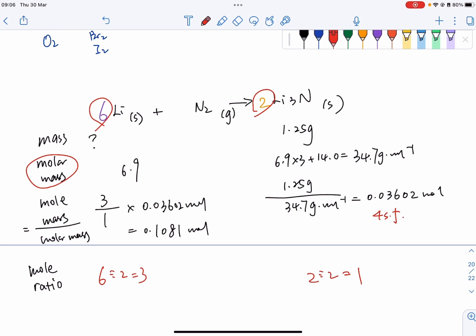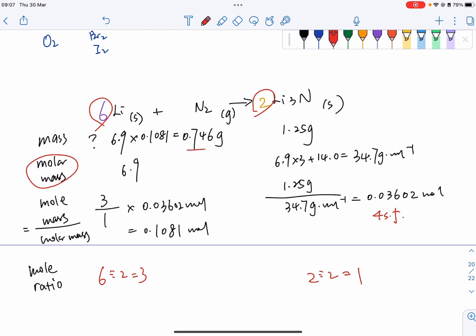How can we calculate the mass? Remember, from the right, it's divide. We move to the left, then it will be times, right? So the mass here, we use 6.9 times 0.1081 mole, right? The answer should be 0.746 grams.